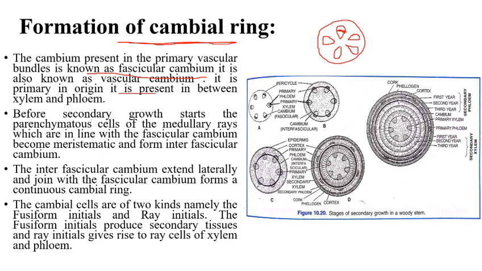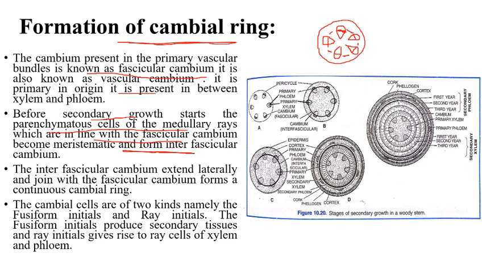Before secondary growth starts, the parenchymatous cells of the medullary rays, which are in line with fascicular cambium, become meristematic and form interfascicular cambium. So these are cambium 1, 2, 3, 4 and 5, the fascicular cambium. During secondary growth, these parts are known as medullary rays. Between vascular bundles, medullary rays are present.